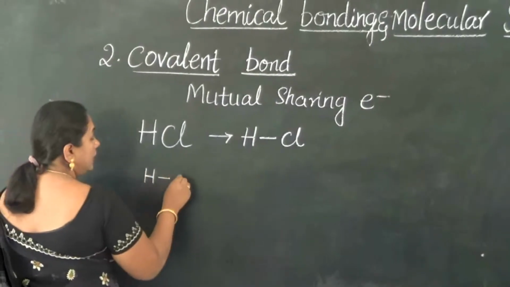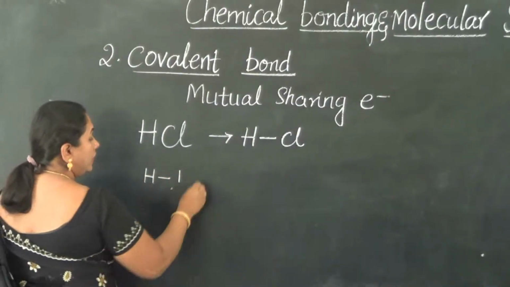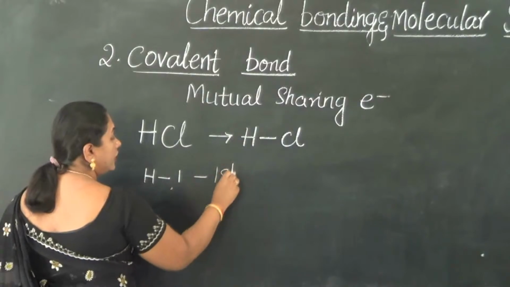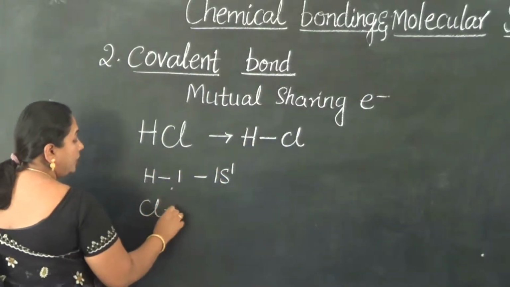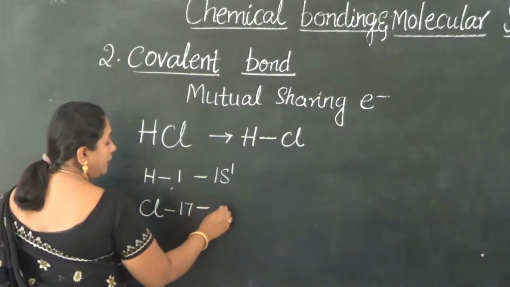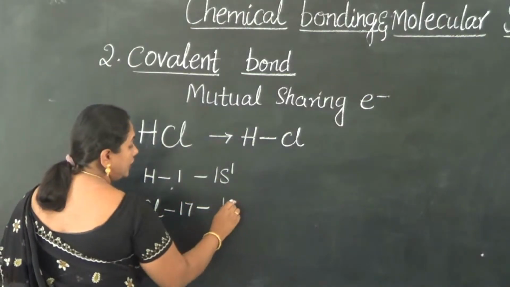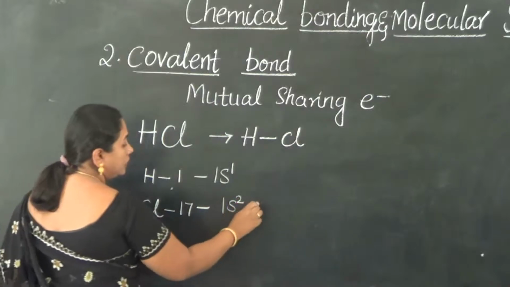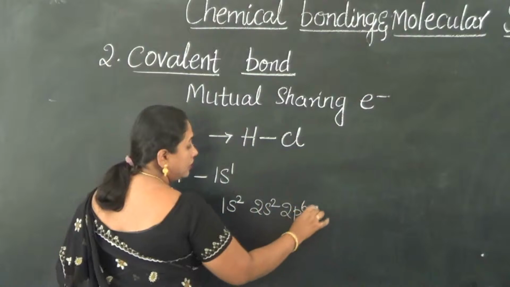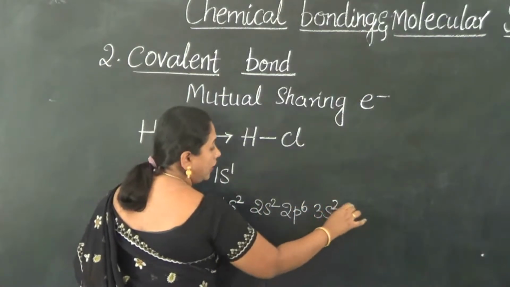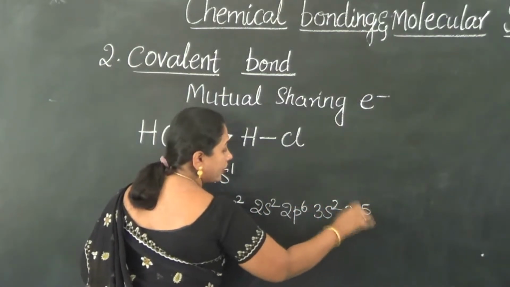Hydrogen has atomic number 1 and its electronic configuration is 1s1. Similarly, the atomic number of chlorine is 17 and its electronic configuration is 1s2, 2s2, 2p6, 3s2 and 3p5.